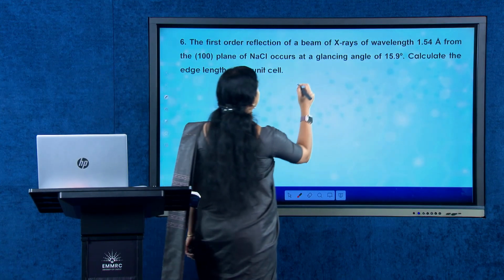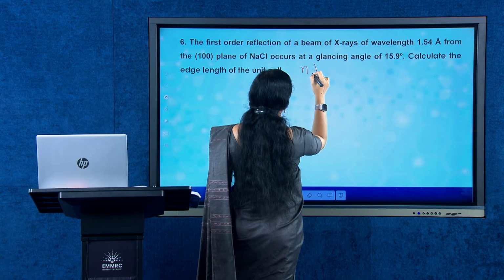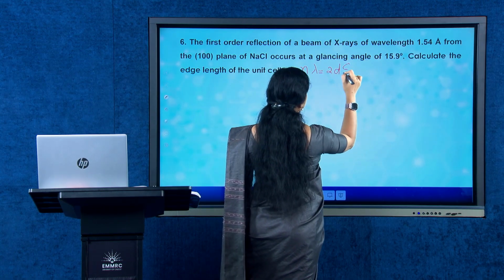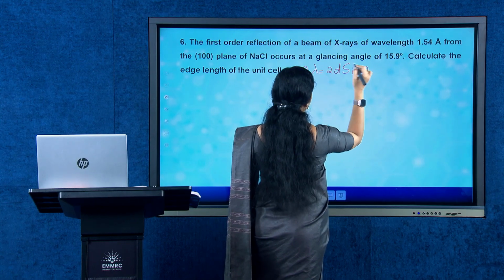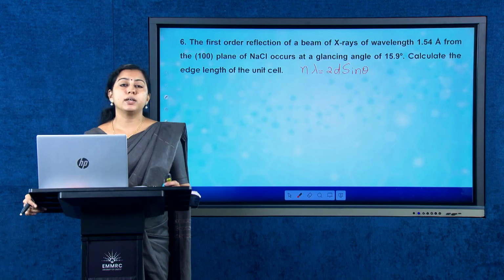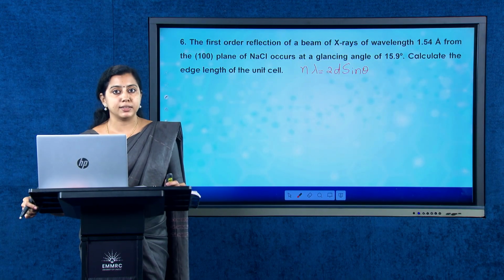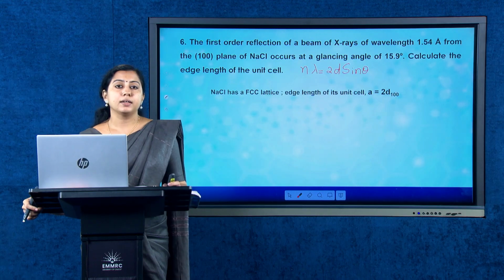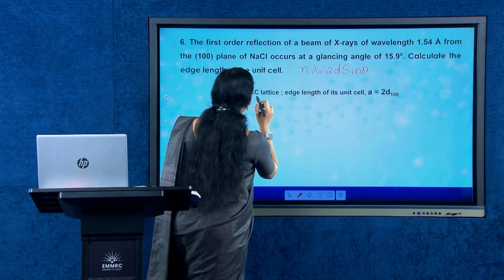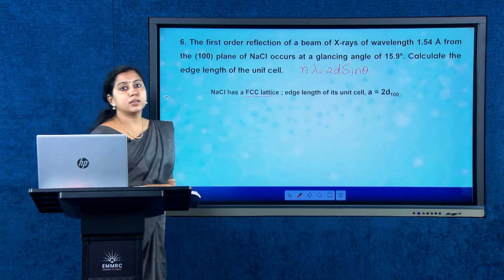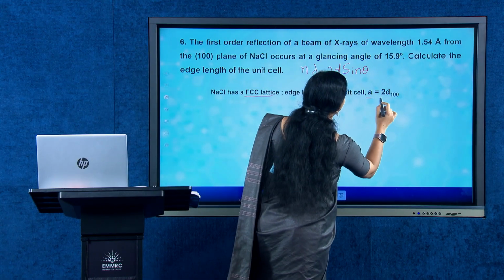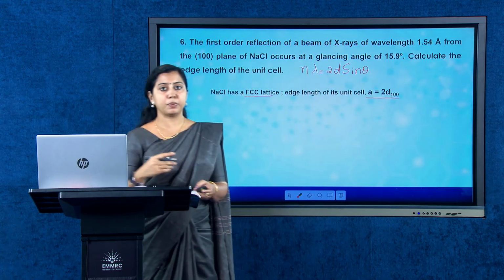First we can write the Bragg's equation, that is n lambda equals 2d sin theta. It is given that the diffraction is occurring from the 1, 0, 0 plane of NaCl, and NaCl, that is sodium chloride, has a FCC lattice, that is a face centered cubic lattice, and the edge length of its unit cell A is equal to 2 into d, where d is the spacing between the planes.